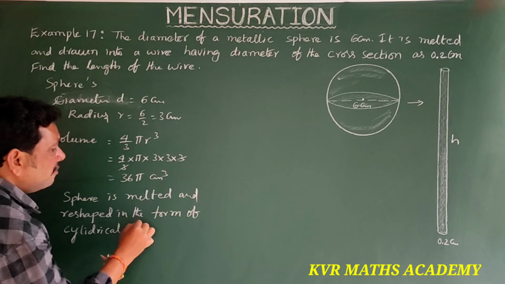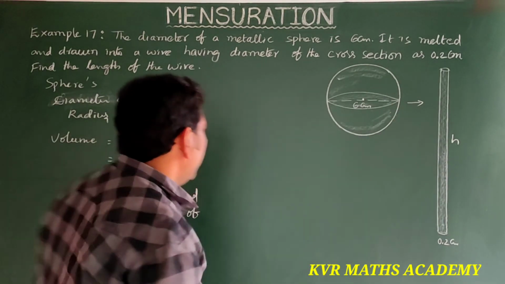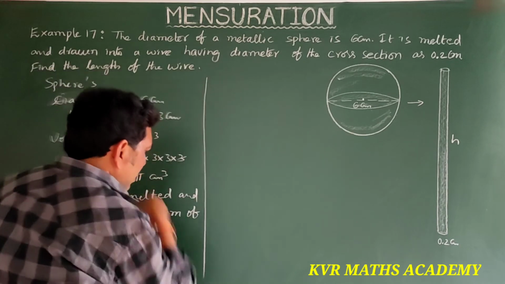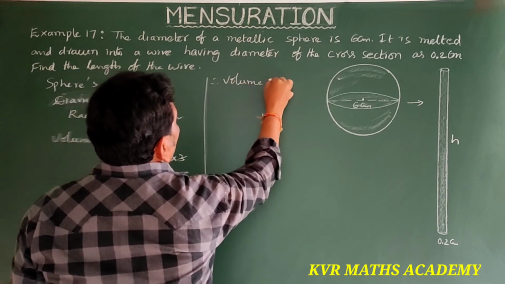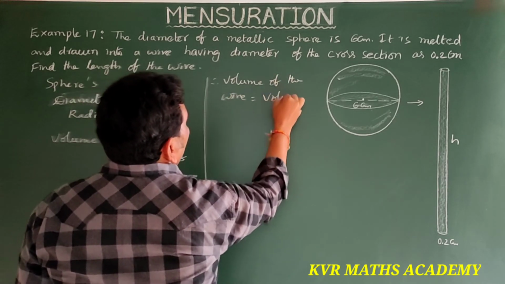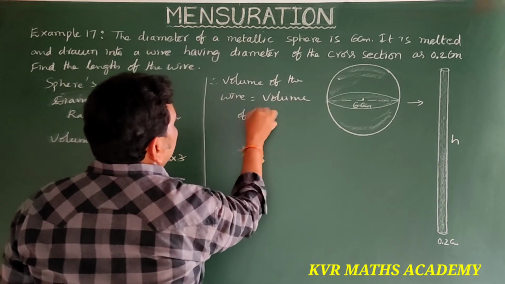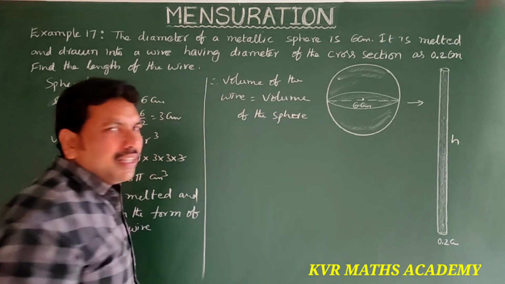It is in the shape of a cylinder, isn't it? Therefore, the volume of the wire is equal to the volume of the sphere.